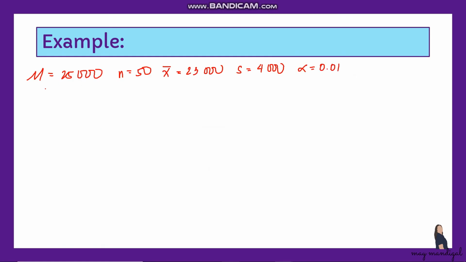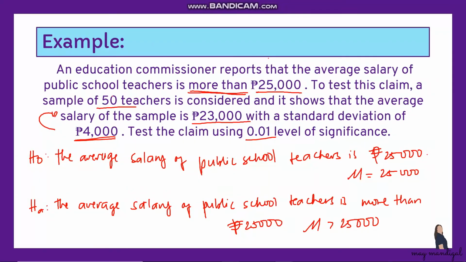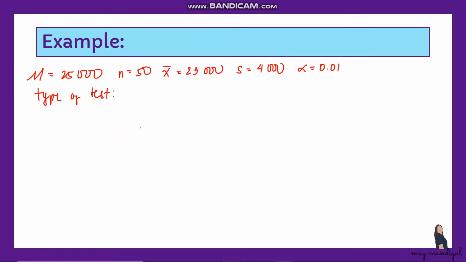So next, let's write our type of test. Since we use greater than for our alternative hypothesis, this is a one-tailed test. And for our statistical test, as you can see, we don't have the population standard deviation, but we observed that our sample size is 50, which is greater than 30.